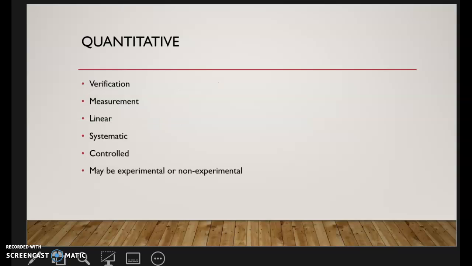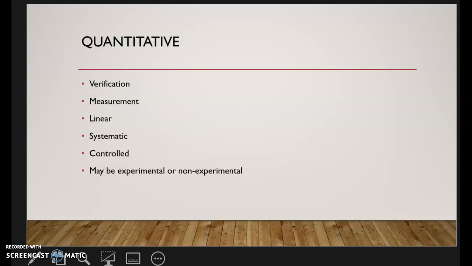When we go into quantitative design, we're looking at verification. We're looking at quantifying things, doing some sort of measurement. And as I alluded to earlier, qualitative isn't necessarily linear. Quantitative tends to be linear and very regimental. Systematic and controlled.